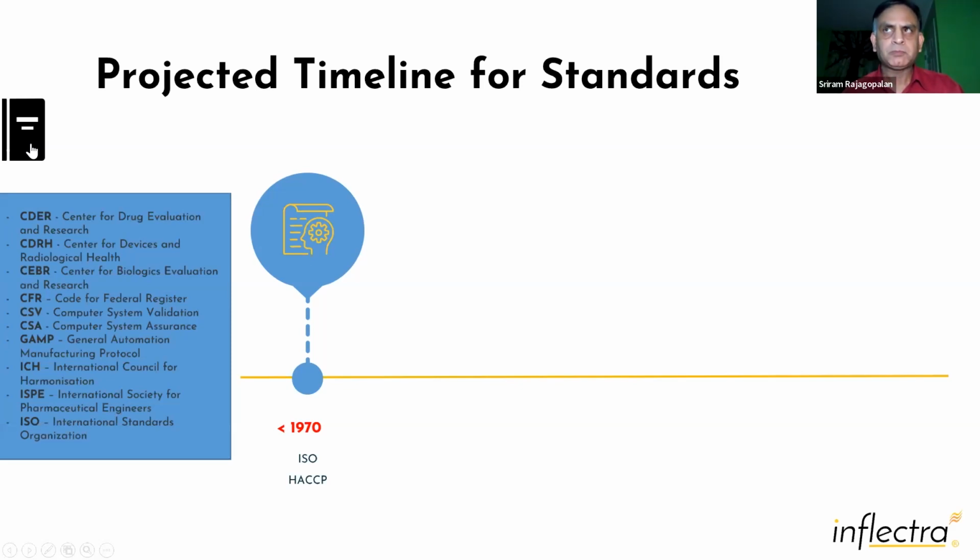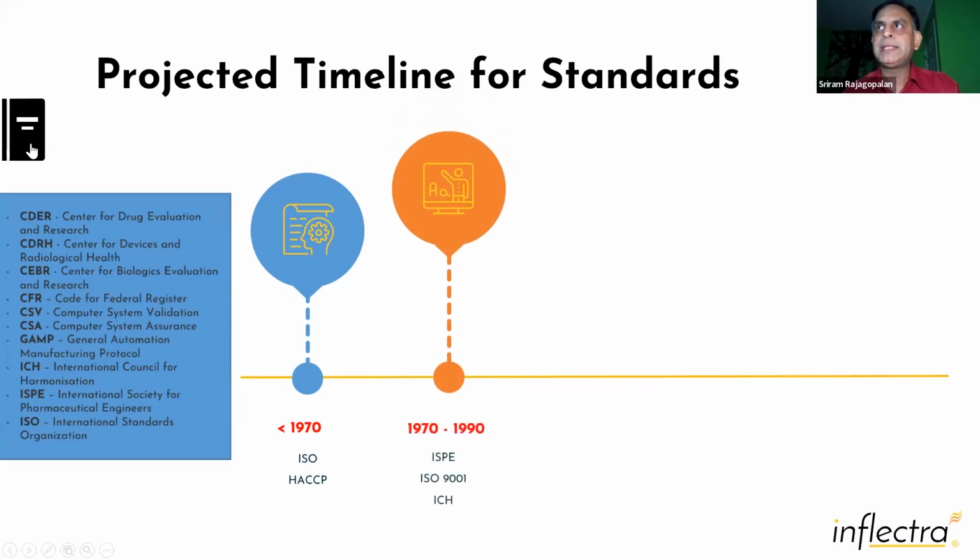And later, if you fast forward a little bit, between the 1970s and 1990s, the International Society for Pharmaceutical Engineering came up, and we introduced the concept of ISO 9001, which is how quality should be part of everything that we do, with or without software.